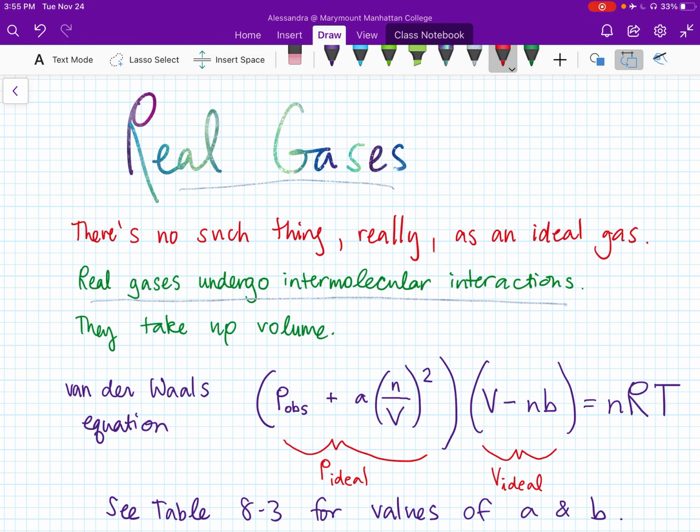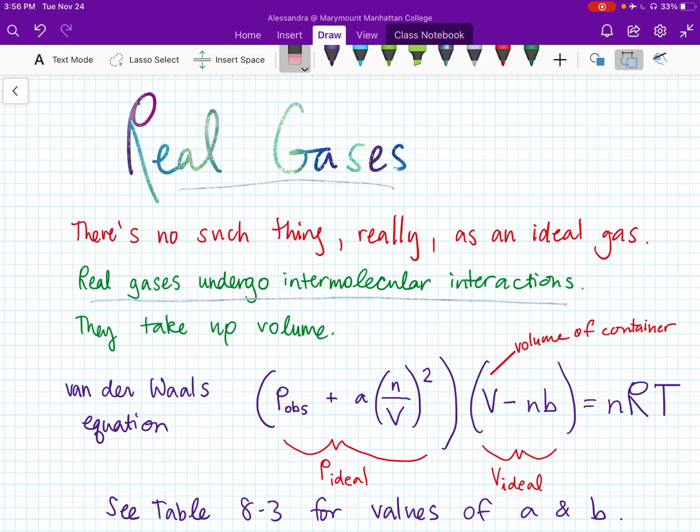So in this term, the V is the actual volume of the container, and the nB is subtracting the volume taken up by the gas particles themselves. And if we subtract that, then we get the so-called ideal volume. So if we take the corrected pressure and multiply it by the corrected volume, we get nRT. So this van der Waals equation is just a corrected version of PIV-NERT, the ideal gas law.